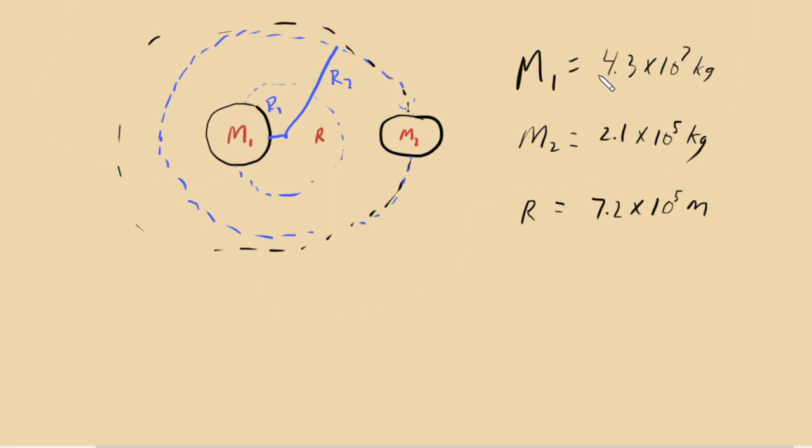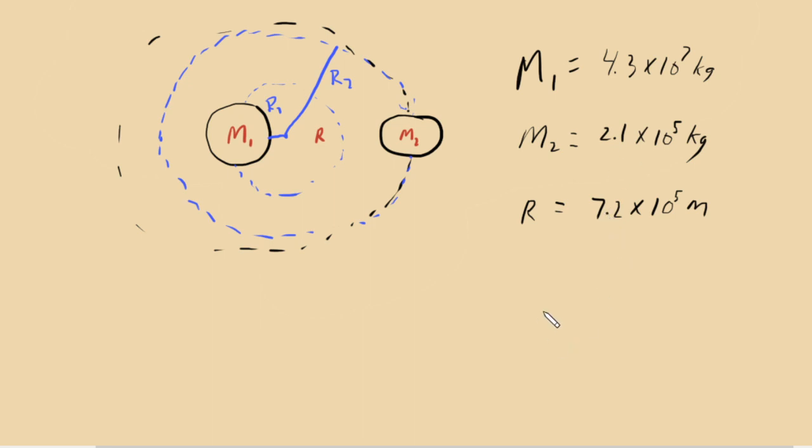But as you can see in our values given in this problem, mass 1 and mass 2 aren't that different. Mass 1 is on the order of 2 times the magnitude of mass 2.